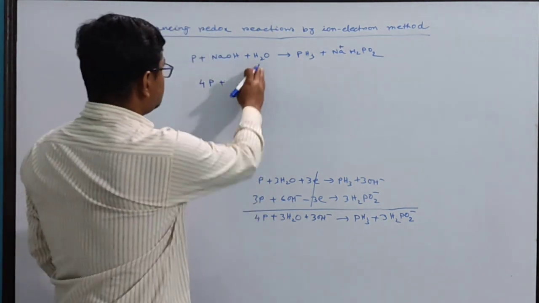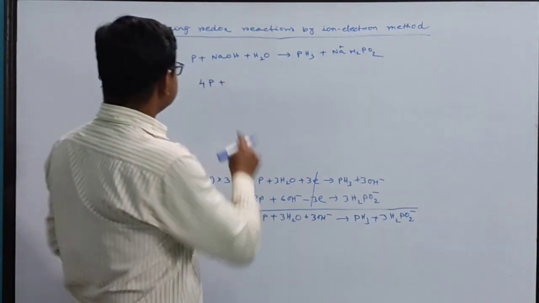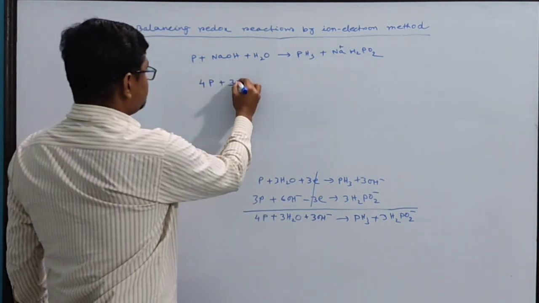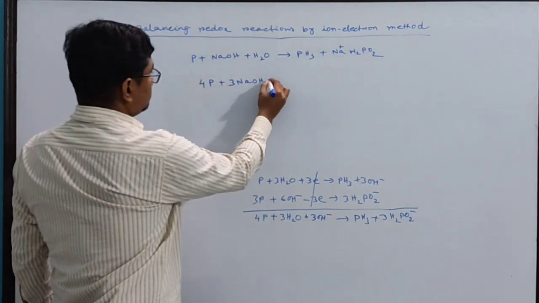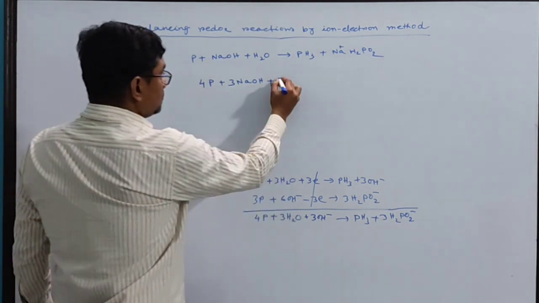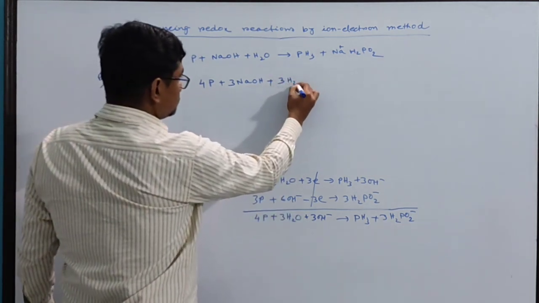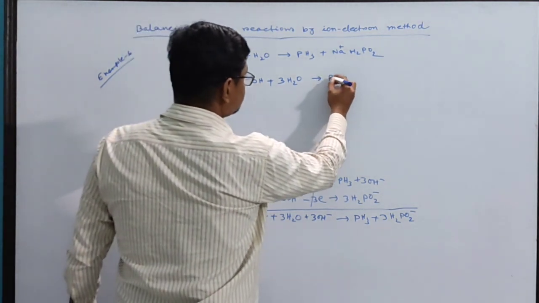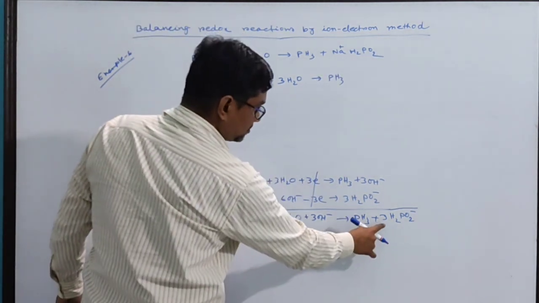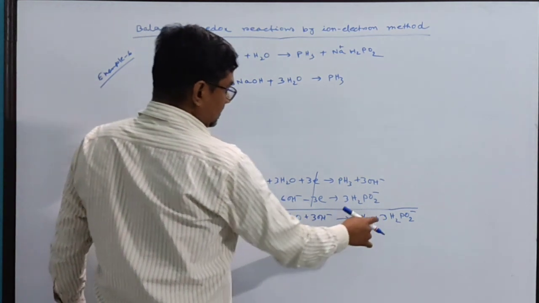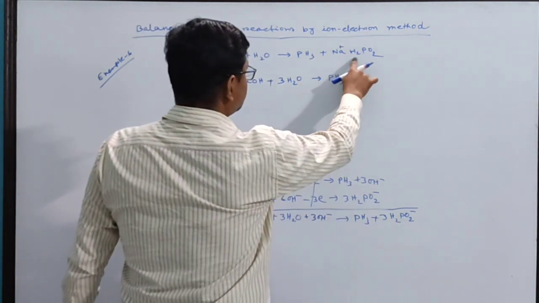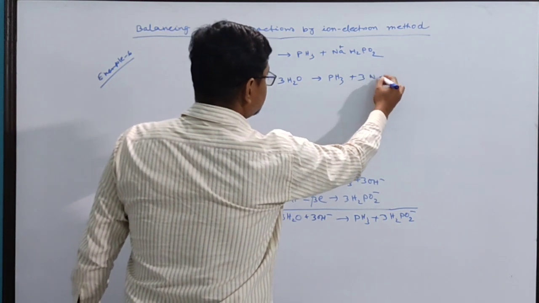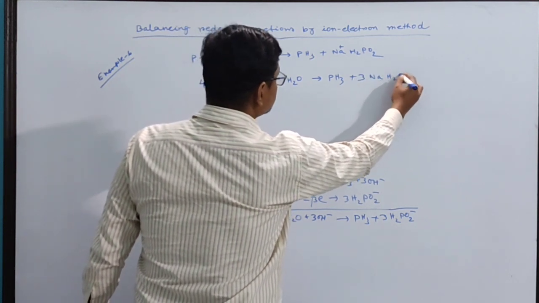Now water will come later. 3OH minus, OH minus is coming from NaOH, so it will be 3NaOH plus water is 3, so 3 water molecules giving PH3 and 3H2PO2 minus. H2PO2 minus was coming from NaH2PO2, so it will be 3NaH2PO2.